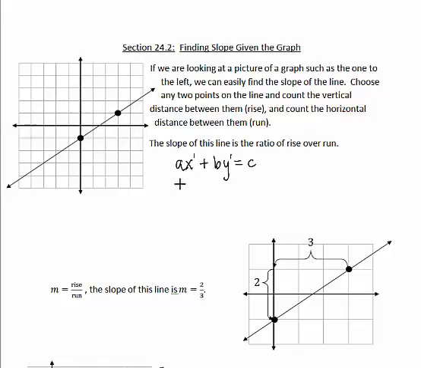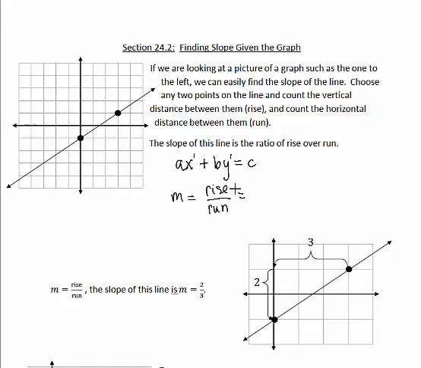And what we want to do, we don't want to come up with the equation, we simply want to calculate the slope. So m equals rise over run.